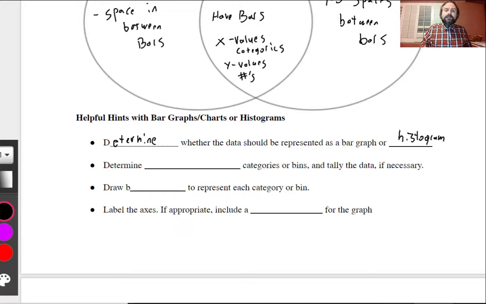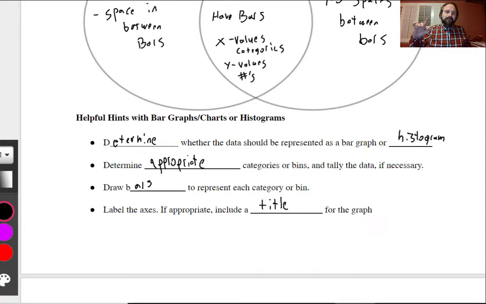We're also going to have to determine appropriate categories or bins and tally the data. So make sure it's scaled. Next up, we're going to draw bars to represent each category or bin. Finally, we're going to label the axes. If appropriate, include a title for the graph. And this is very important if we're going to be using real-world scenarios, so that we can understand it, look at it, and be able to talk about it, communicate.